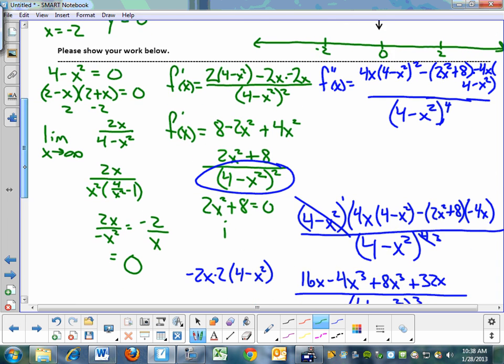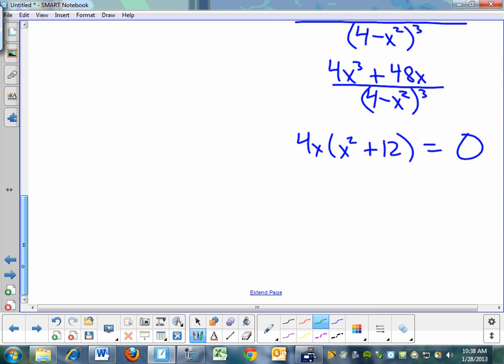Okay, so what number to the left of negative 2 can you plug in? Negative 3. And we plug that into which one? Second derivative. In order to test concavity, I plug negative 3 into the second derivative. So I have 4 times negative 3 to the third plus 48 times negative 3, over 4 minus negative 3 squared, or 4 minus 9, to the third.